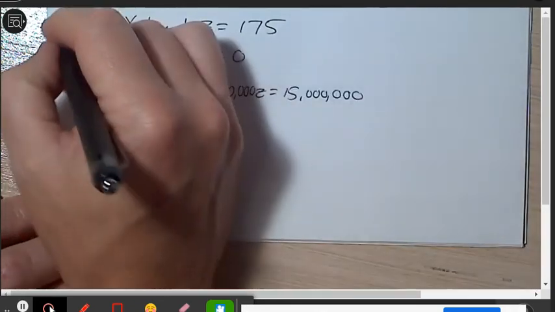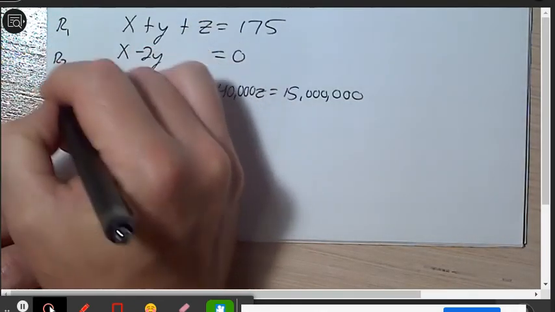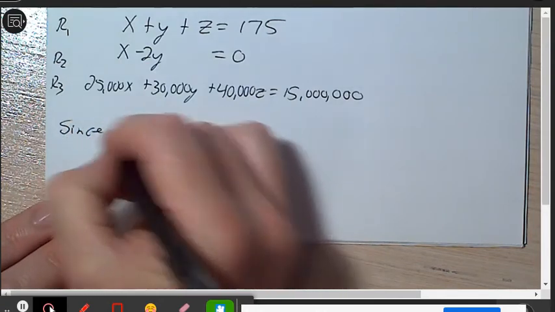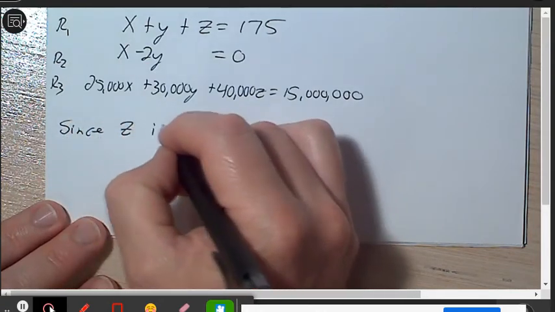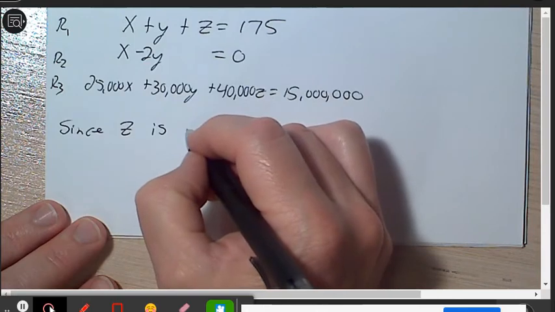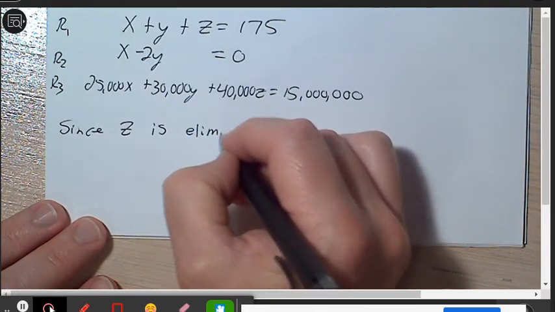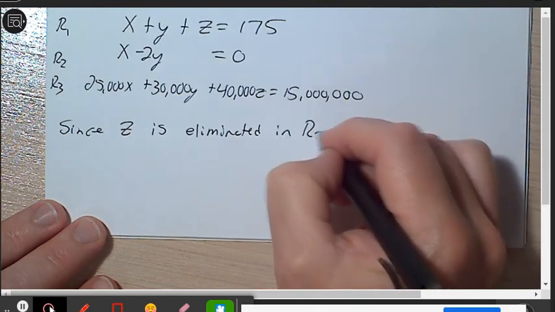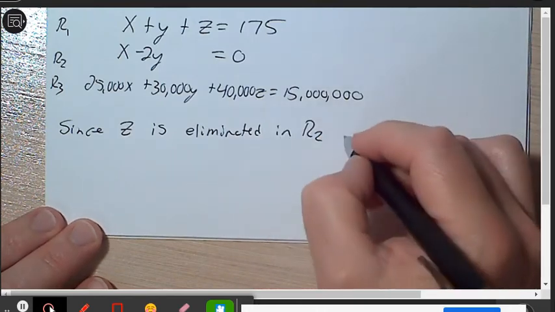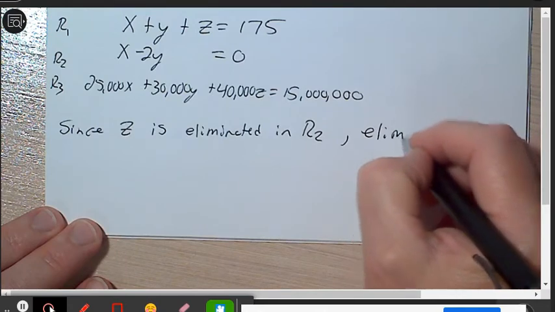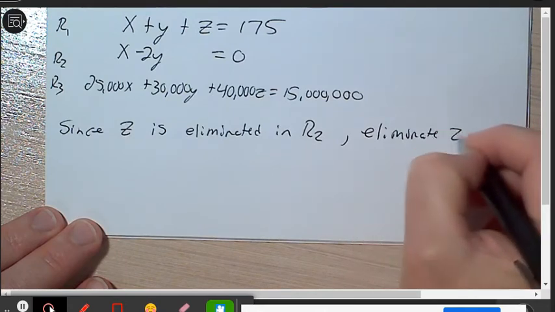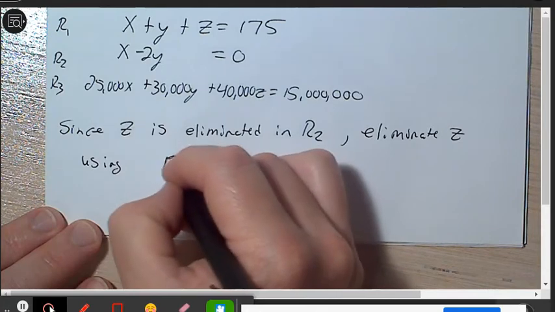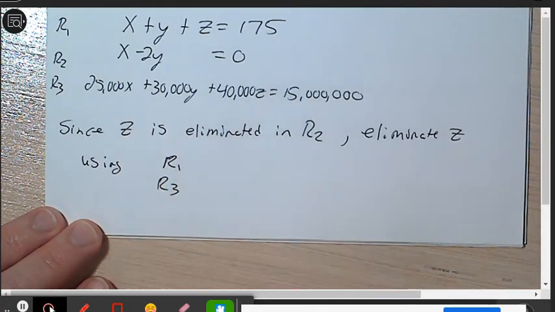If we've got row 1, row 2, and row 3, since Z is eliminated in row 2, let's just eliminate Z using row 1 and row 3.